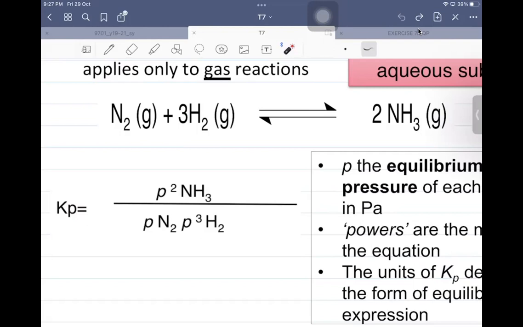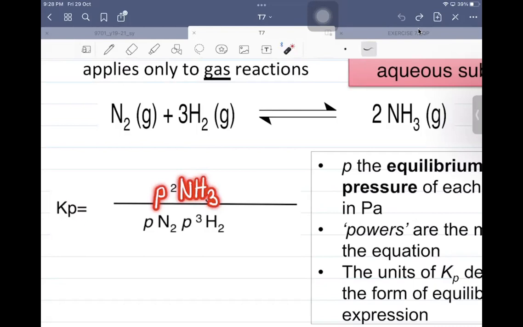Here we use a small letter P. I know sometimes in text you will see it italicized, but in the exam you don't have to. So P stands for the partial pressure of your product, in this case NH3.